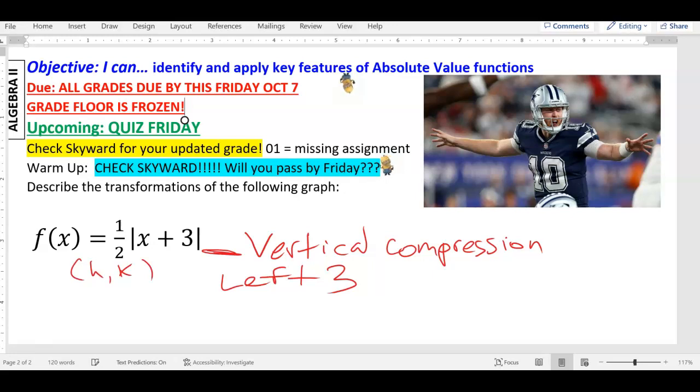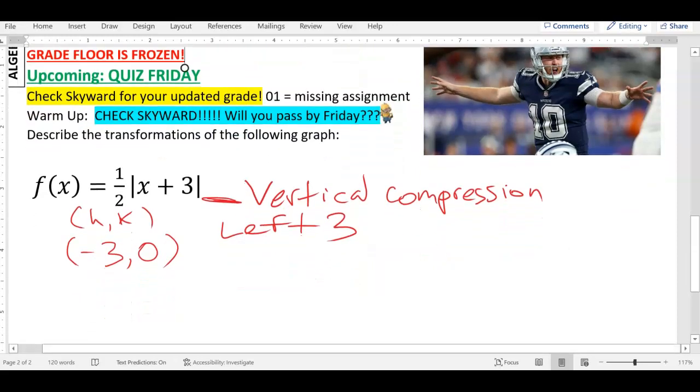What is the h value that we just talked about on the inside? Since it's left 3, okay, and since it's a liar, it's a -3 for my h. And then since there's no vertical shift up or down, what's my k value? 0, okay? So remember, the opposite of this, and then whatever's out here, that's your h comma k, that's your vertex.